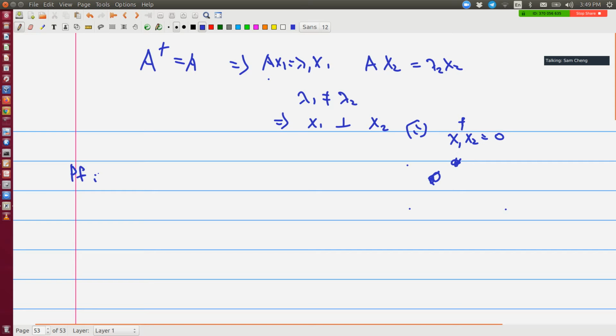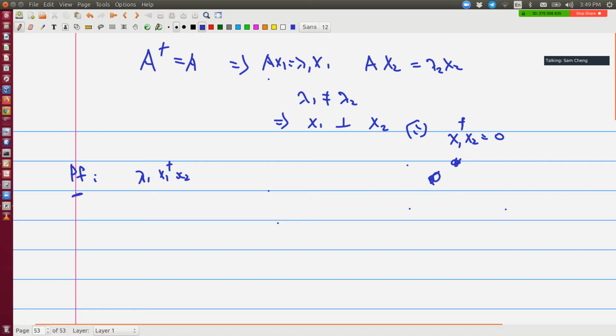So let's see, let's consider lambda 1 times x1 Hermitian times x2. This is just a number, lambda 1 times this guy here. Is that 0? No, we don't know.